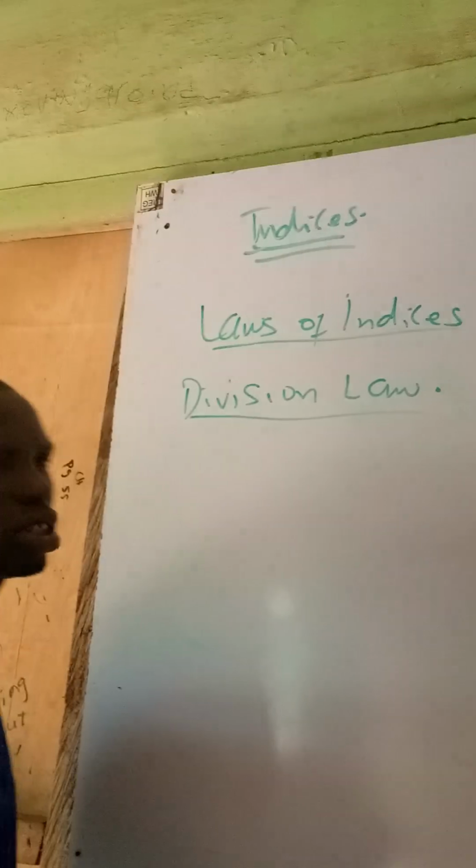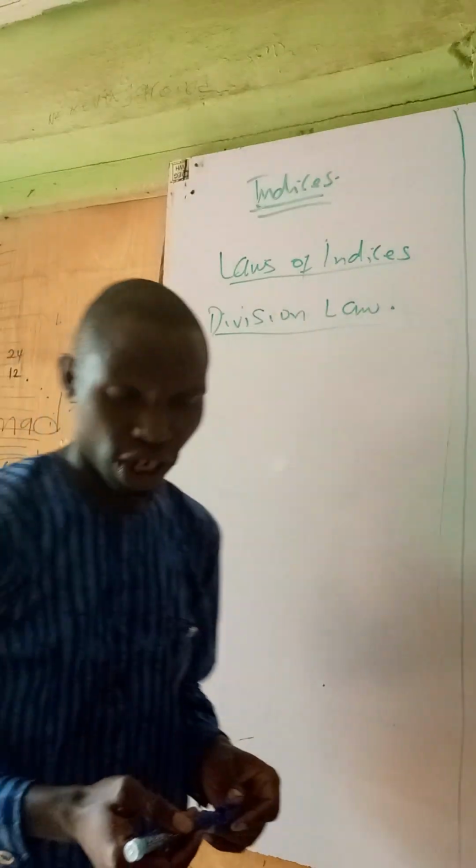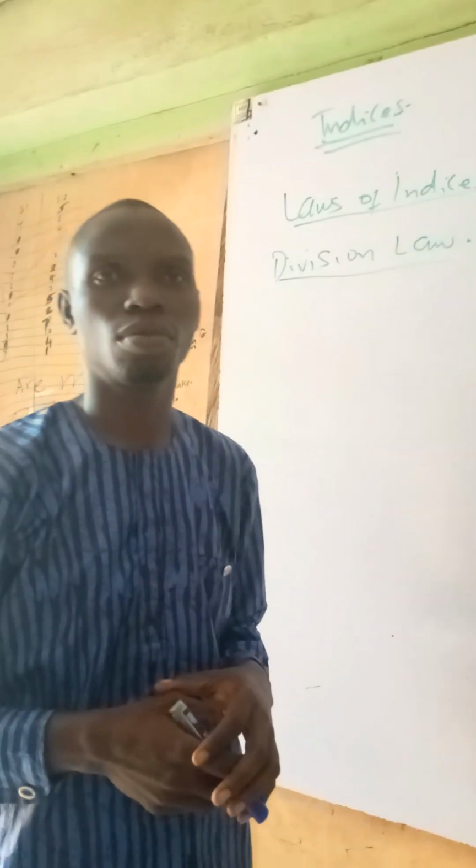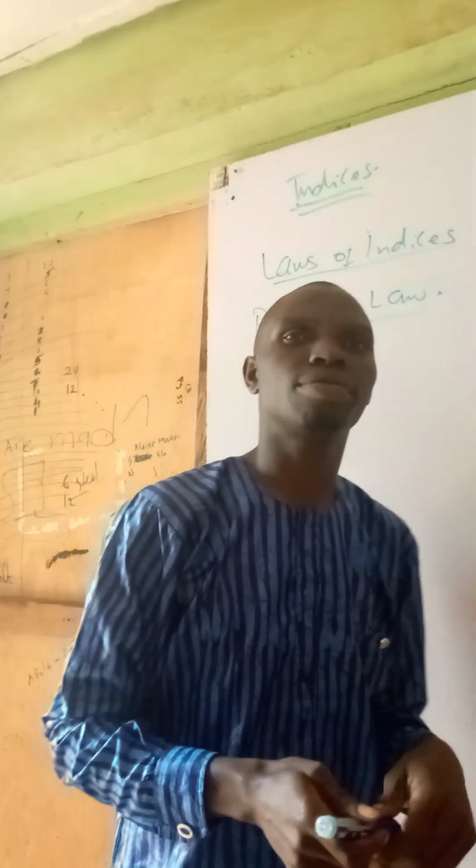So what does the division law say? The division law says that when you have indices of common base, you pick one of the bases and you subtract the powers.